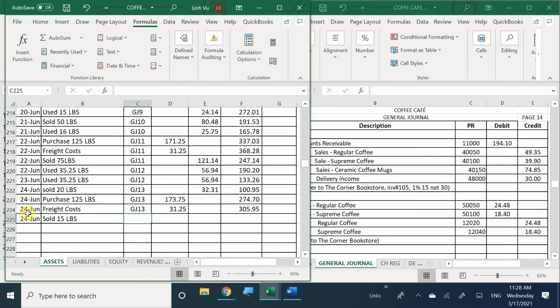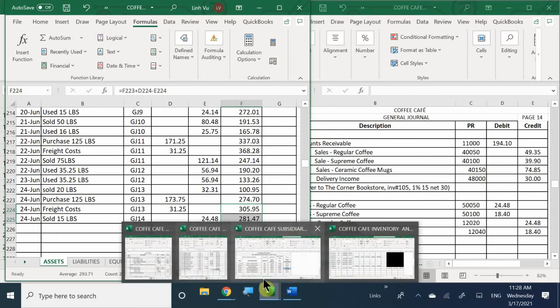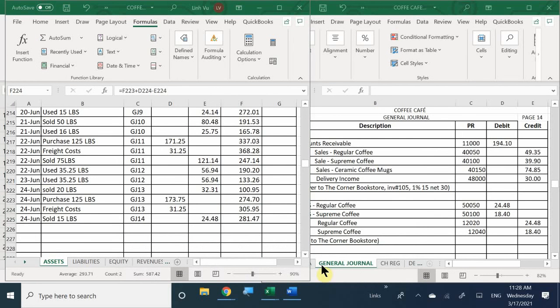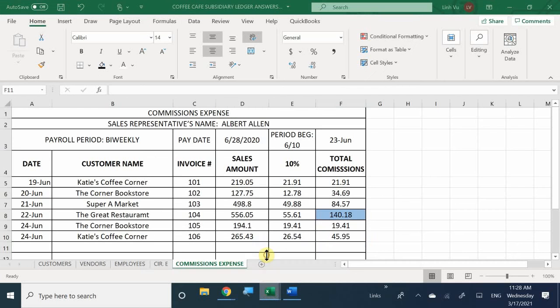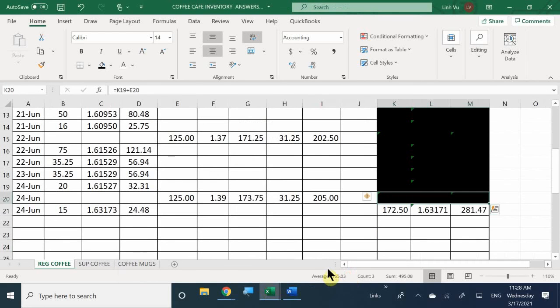Yes. General Journal 14 for 24.48. So what should be my ending balance in my inventory account for regular coffee? 281.47. All right, and does that match our inventory worksheet? Yes. Oh, wait, this is my inventory worksheet. Yes, right? 281.47.